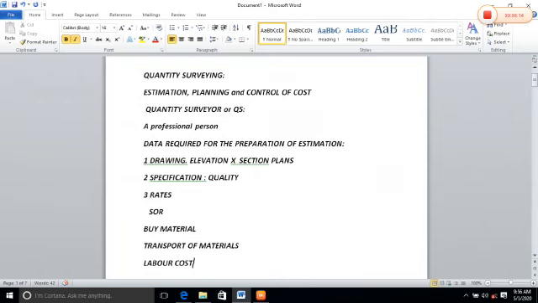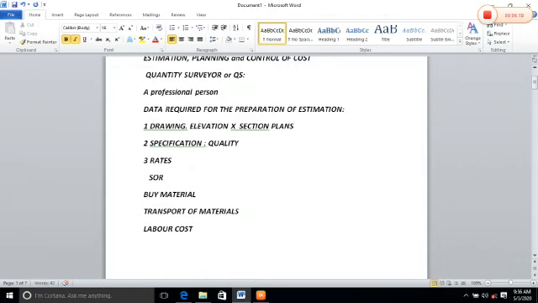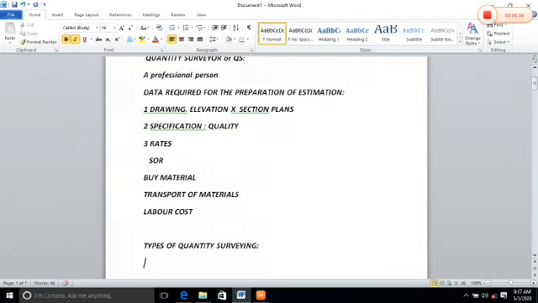Okay, so the next topic is types of quantity surveying. So there are two types. Number one, rough cost estimation.